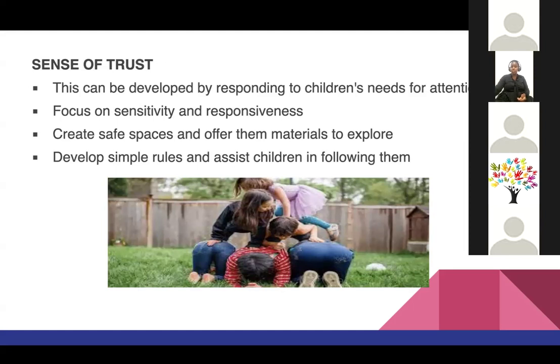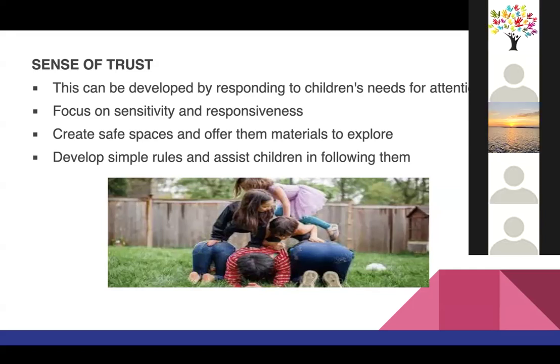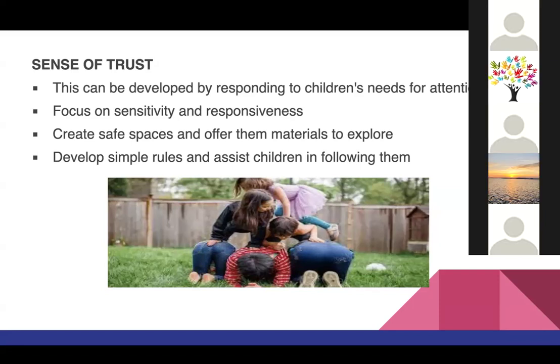We develop simple rules, and we help children in following those simple rules. Let's quickly share some rules that we have in our classroom and check if they are simple. If you don't have a classroom, imagine a rule you would have in your classroom, and let's see if it's simple and how you would assist the child in following it.